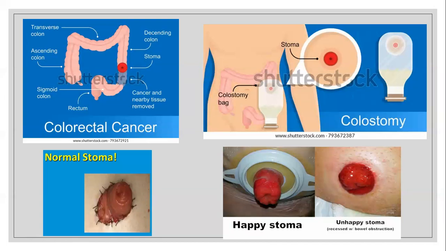Initially there may be some edema at the beginning. When we assess the stoma, sometimes we can see ulceration or other abnormal findings. We should notify the healthcare provider. Also, we should assess the skin around the stoma and note any redness, irritation, or necrosis.